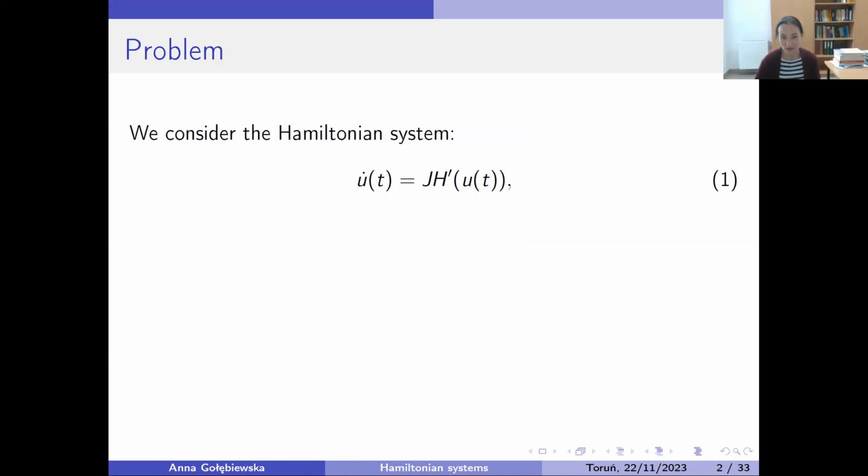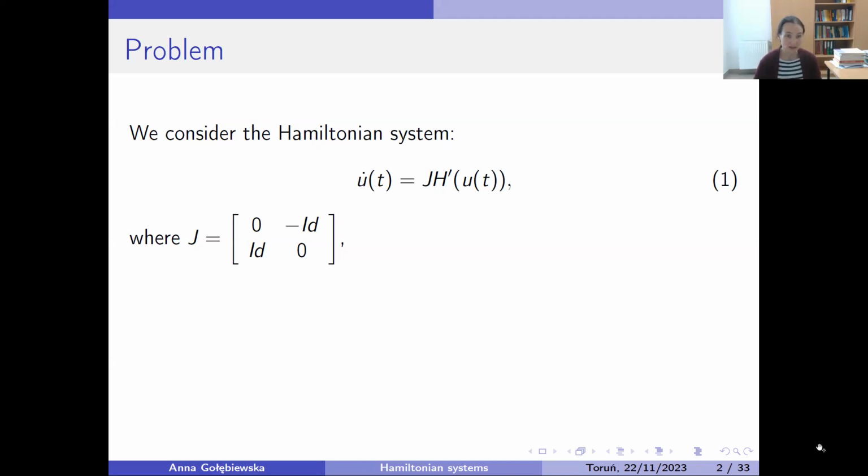This is the first order differential equation, and the right-hand side is the gradient of some potential H multiplied by matrix J. Matrix J here is the so-called standard symplectic matrix, which consists of minus identity formed in this way. This matrix corresponds to some complex multiplication.